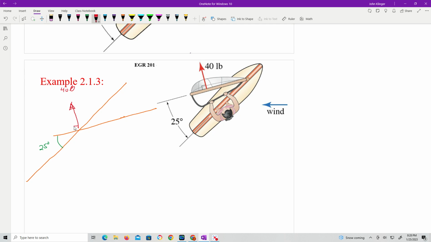This is 90 degrees here. Right, so I know this. I'm going to want to look at these vectors here: one that is parallel to the direction of travel, we'll call that one F parallel, and one perpendicular, F perpendicular.